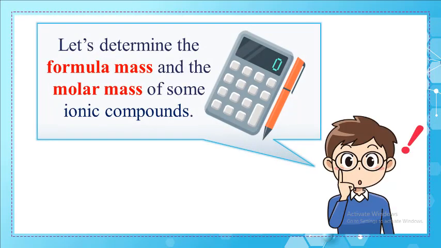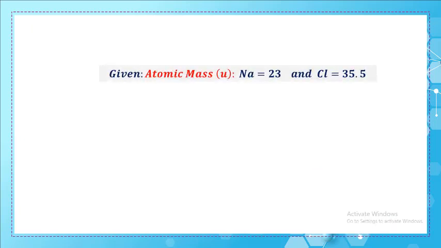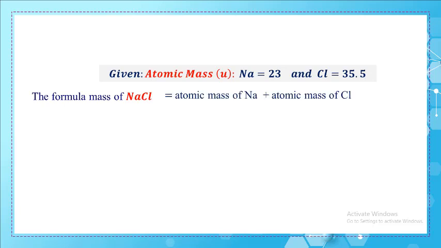Let's determine now the formula mass and the molar mass of some ionic compounds. Given the atomic masses of Na and Cl, let's find the formula mass of NaCl. It is equal to the sum of the atomic masses of Na and Cl, which is equal to 58.5 u.